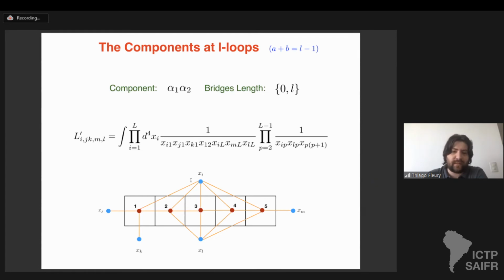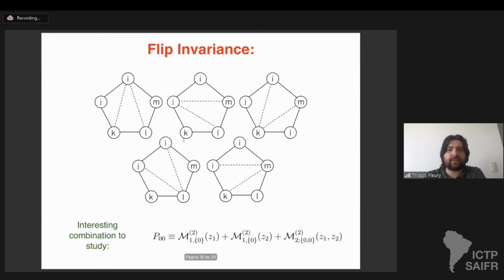It is similar to Basso-Dixon, where you have a map between integrability and Feynman integrals. So it's a new case, and this is more general, that you have some map between integrability and some Feynman integrals at higher loop.